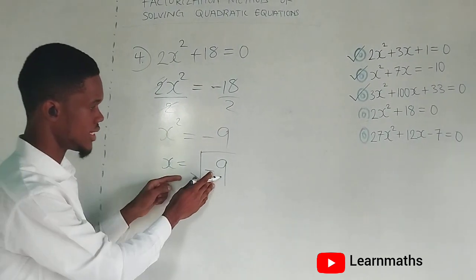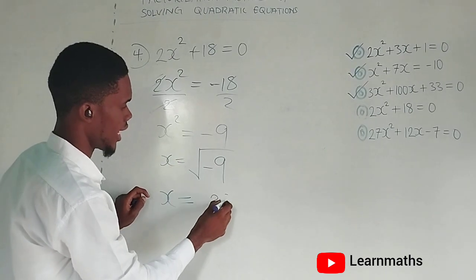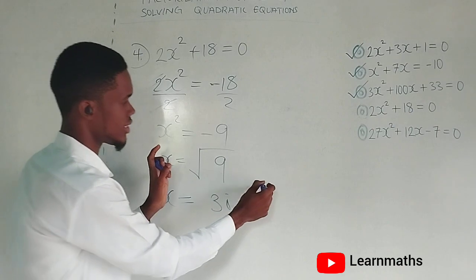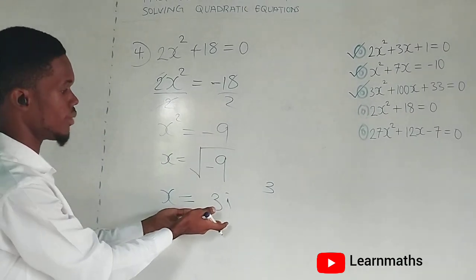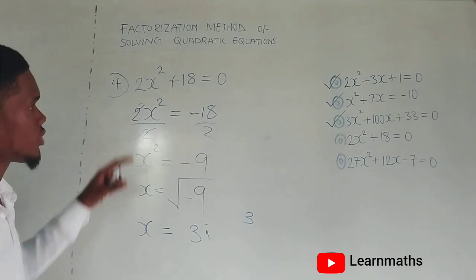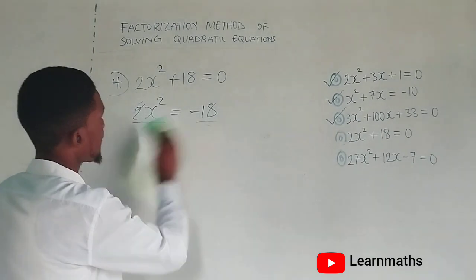Because the square root of negative 9 is going to give us an imaginary number. The square root of positive 9, we all know is 3, but the square root of negative 9 is an imaginary number, because it does not really exist. So I'm going to take that correction and solve this over again.